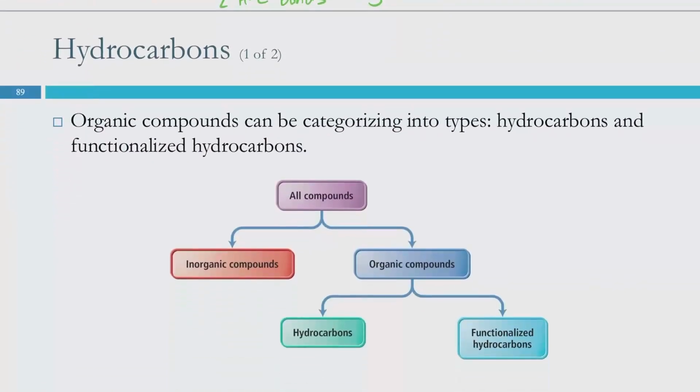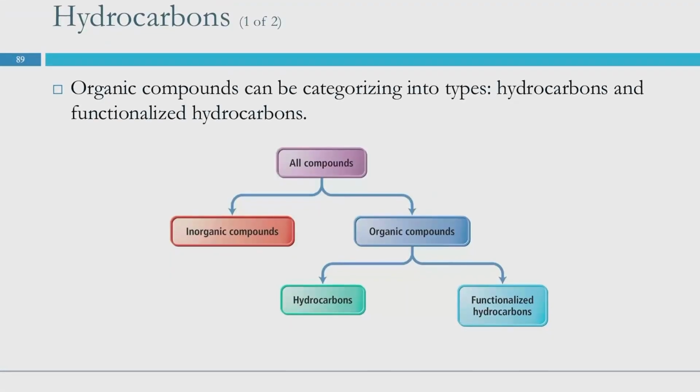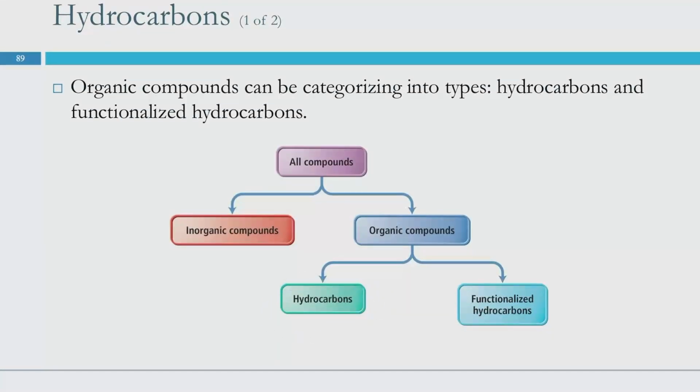For our hydrocarbons, hydrocarbons are just hydrogen and carbon. That's what makes them hydrocarbons. And then functionalized hydrocarbons, we're really putting the fun into this, also have what we would formally call heteroatoms, things that are different from carbon and hydrogen.